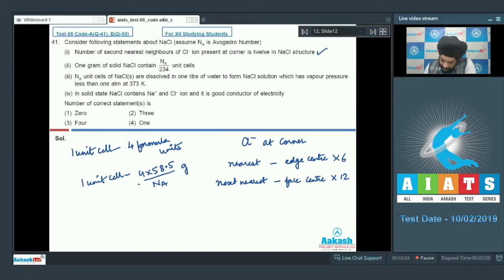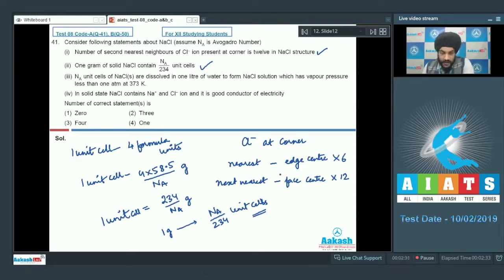This will give us a value of 234 by Na grams. Since 1 unit cell contains 234 by Na grams, 1 gram will be contained in Na upon 234 unit cells. Students, the second statement is also correct.